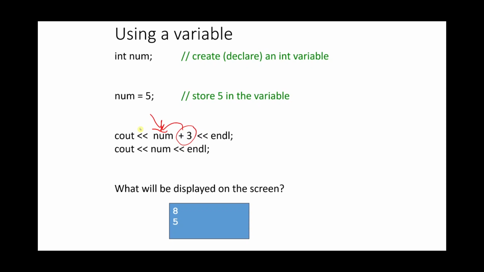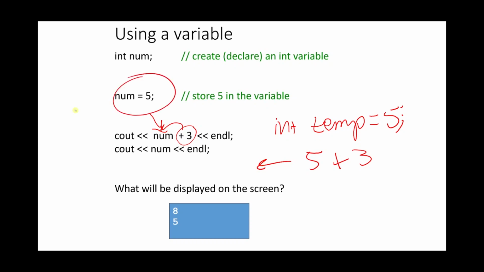So it's like I'm saying, okay, I'm retrieving the value from num, storing it in temp of type int, and I'm saying this is 5. Then I'm saying, okay, 5 plus 3, send that to the console. But num is still 5. I haven't changed it.